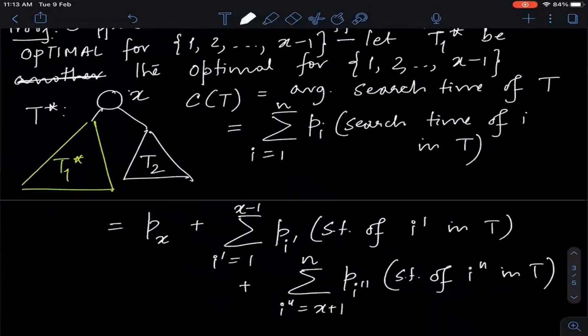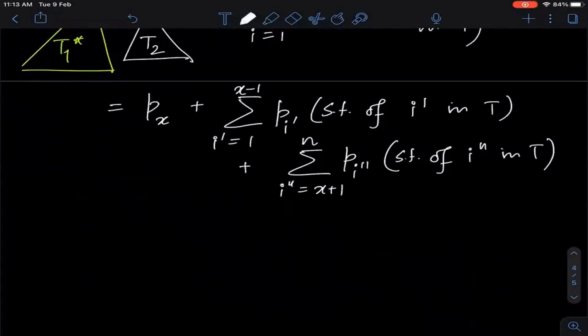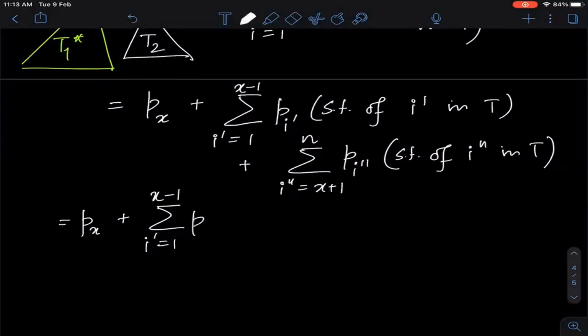So clearly I can write this as equal to Px plus the summation of i prime equals 1 to x minus 1, p_i prime times the search time of i prime in T1 plus 1.